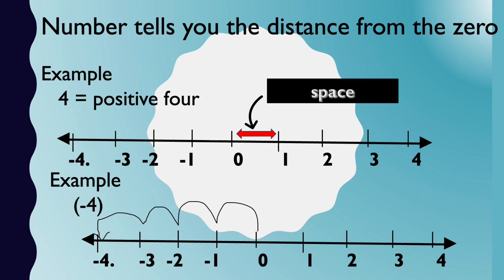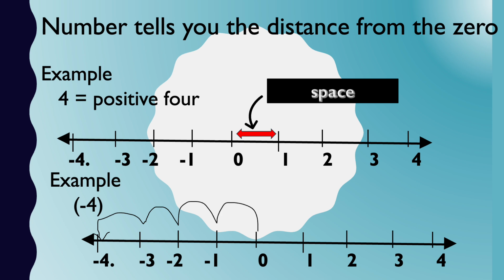This distance between two numbers, we call a space. How many spaces do we have? We have 1, 2, 3, 4 spaces.